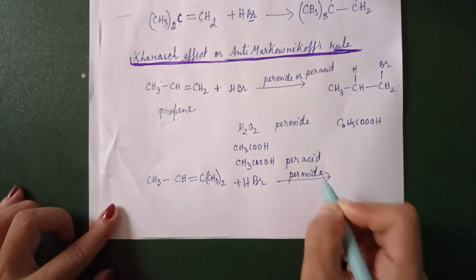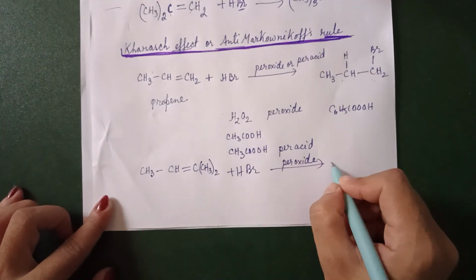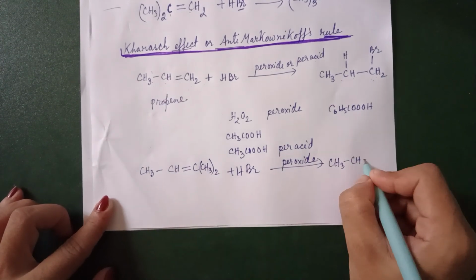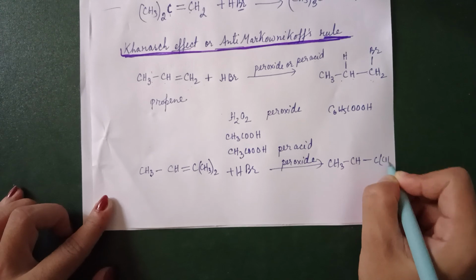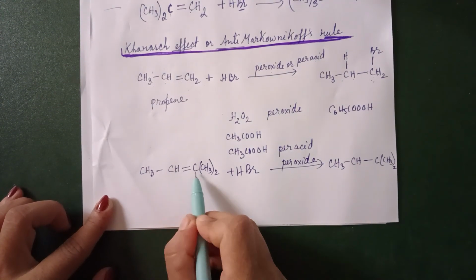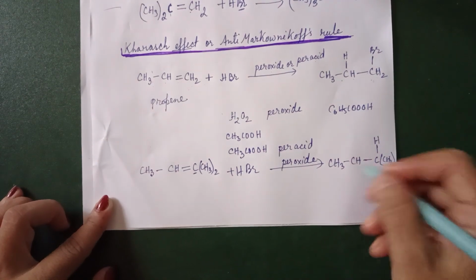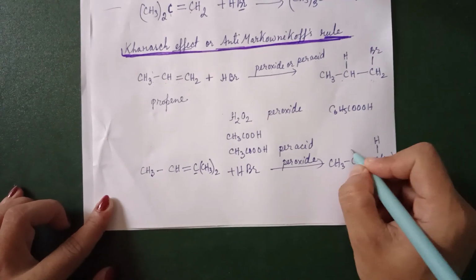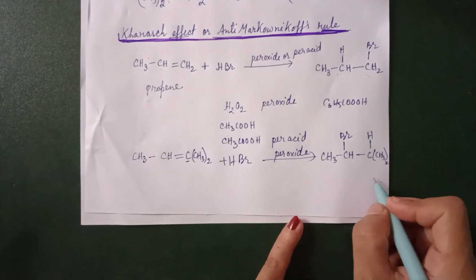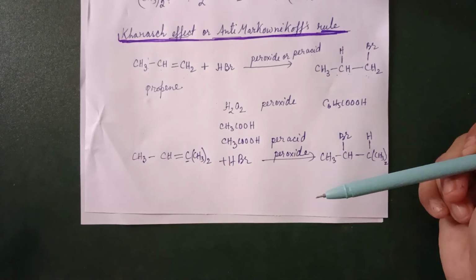Once we see this peroxide, remember this is anti, so the CH double bond will change into a single bond. Now we check which carbon contains less hydrogen. This carbon contains less hydrogen, so here should be your H. In case of Markovnikov's, here it is Br. So now it is against, it will always be against Markovnikov's rule. Okay, so this is anti-Markovnikov's rule. So this is an addition reaction.